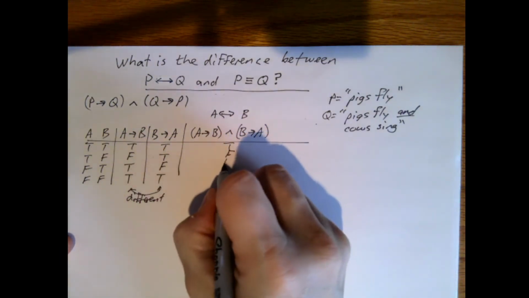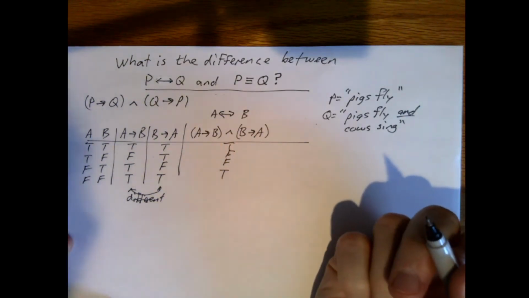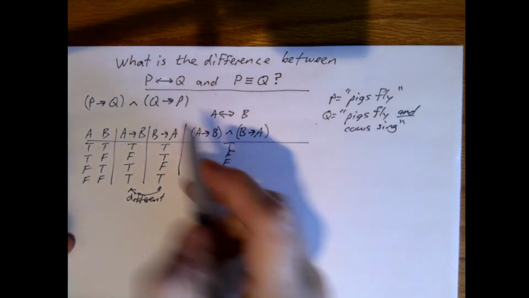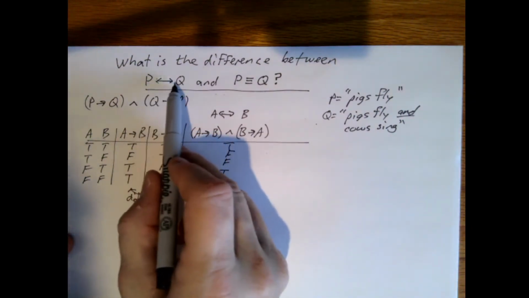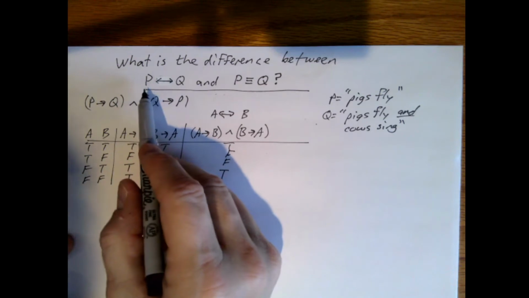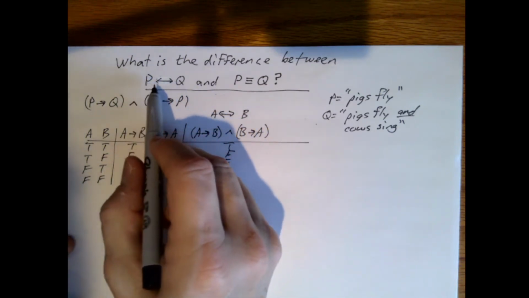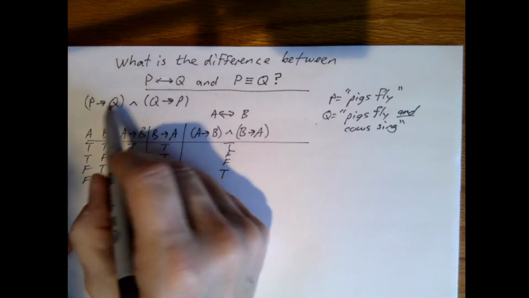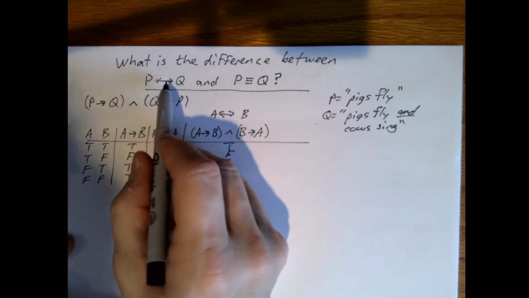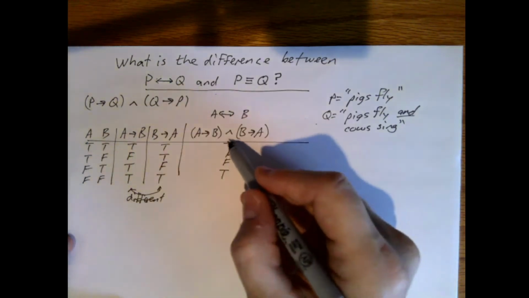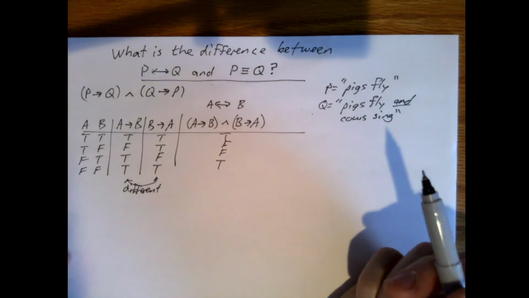True and false is false. And true and true is true. Okay? Can I always write the biconditional between two well-formed formulas? Yes, it's a logical connective. So I'm not making any claims. When I write P if and only if Q, which is what this is, I'm not making claims about it always being true or always being false, or like in this case, a mixture of the two. I'm just connecting two things together.